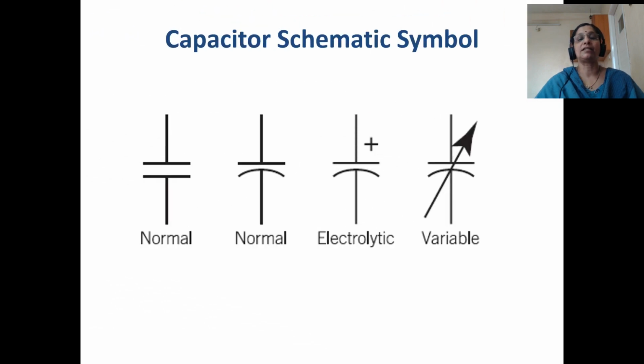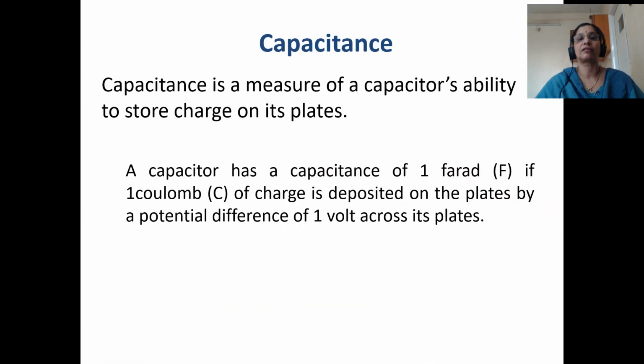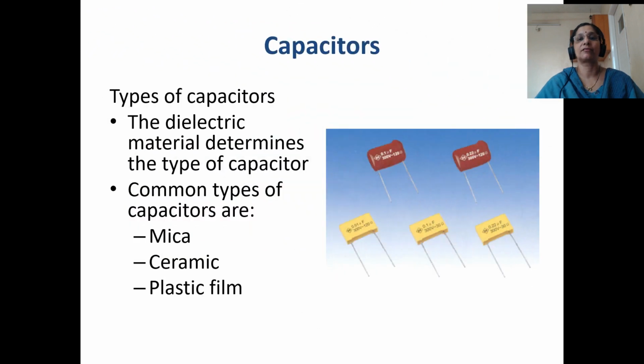Capacitors are represented by symbols in the circuit diagram. They are fixed, electrolytic and variable capacitors. Capacitance is the ability of a capacitor to store charge on its plates, and this is the definition of capacitance. The fixed capacitors can be of mica, ceramic, or plastic film type.